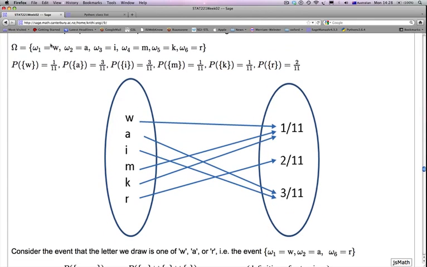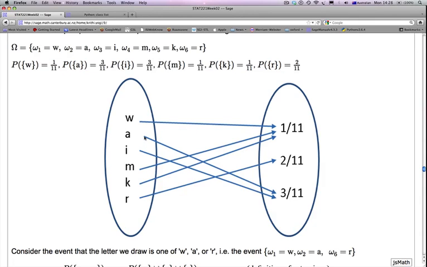Probability of W, the first one, is 1 divided by 11. Okay, why is that? Think about the urn here. In this representation of the set, there's W. There's only one W in Weimakariri, and there are 11 letters in Weimakariri. So the probability of drawing a W is just 1 out of 11, right?